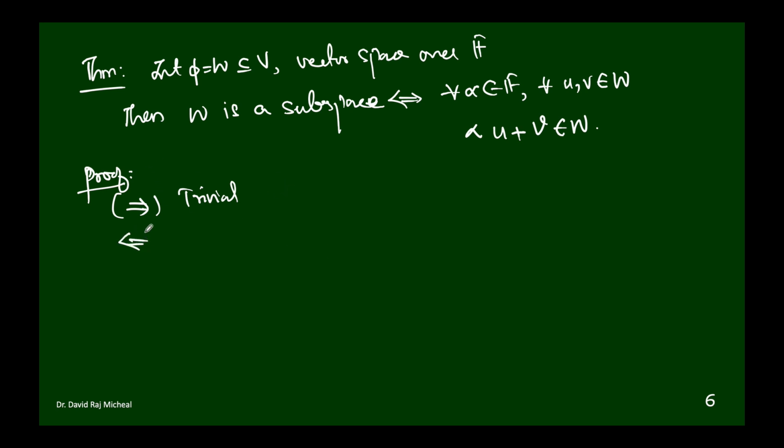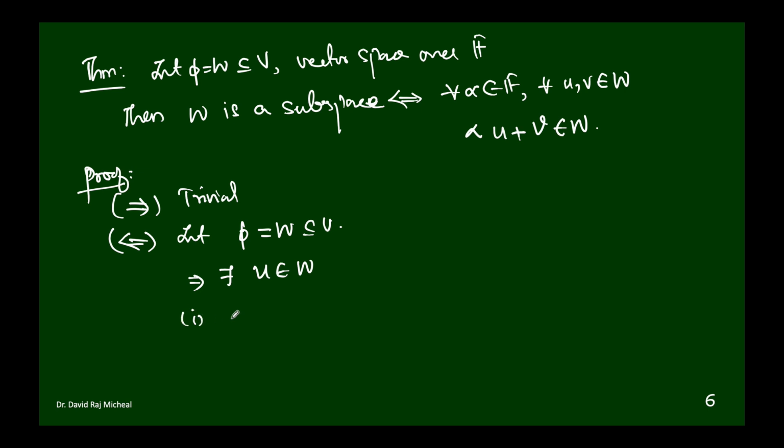What about the reverse implication? Suppose W is a non-empty set that is being given. So W is a non-empty subset of V, and this implies there always exists one u in W. Now let's see whether the closure property is satisfied or not.